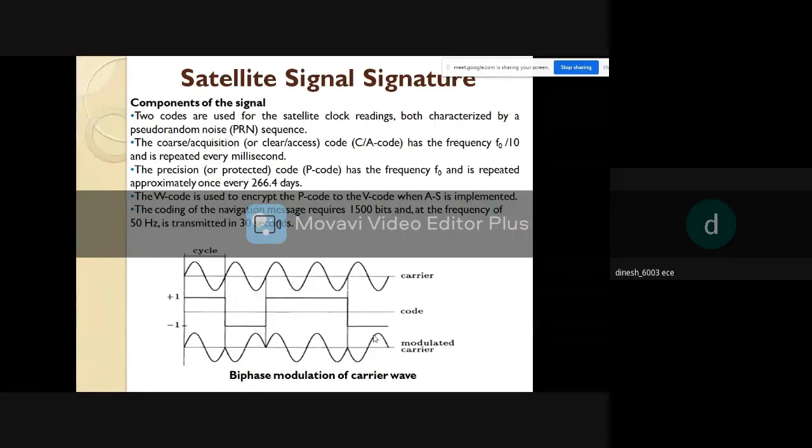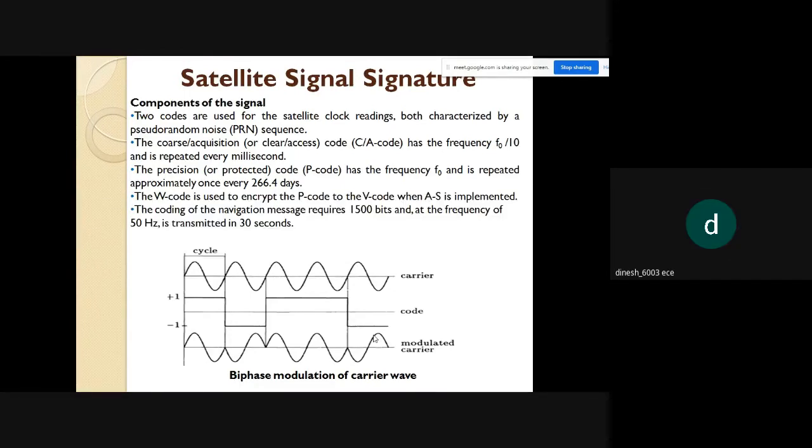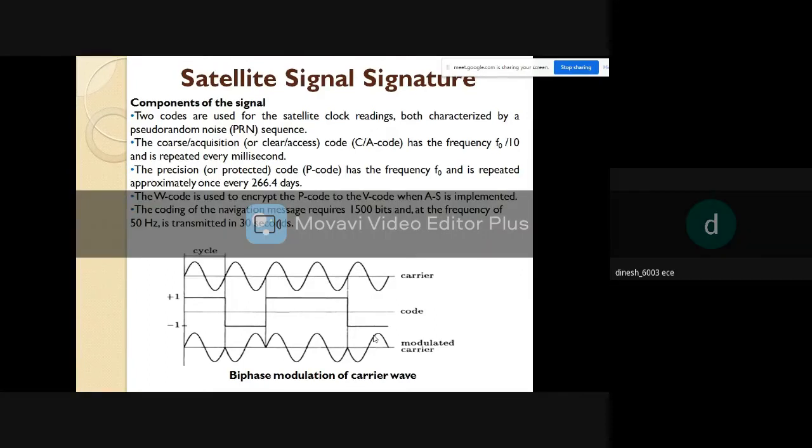Okay. So the coarse acquisition code will have the frequency of f0 by 10, repeated every 1 millisecond. The precision code, or the protected code, or the P code, will be repeated approximately every 266 days. And the W code, as we had seen earlier, is an encrypted version of the P code which determines the Y code.